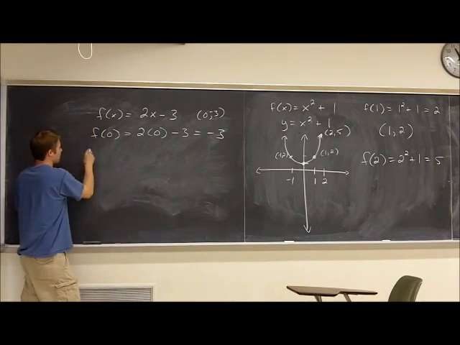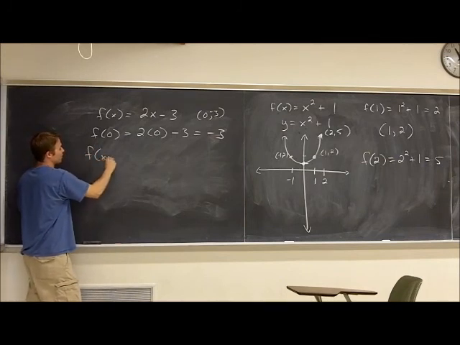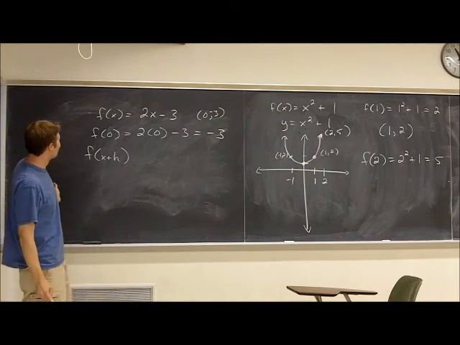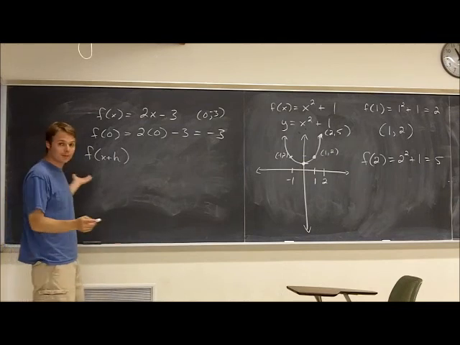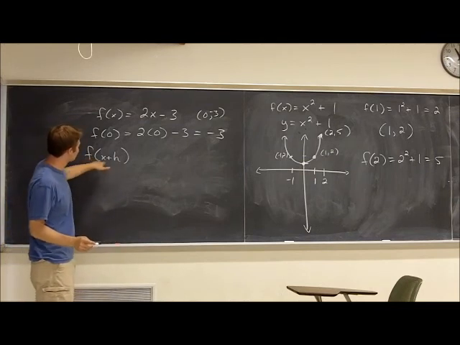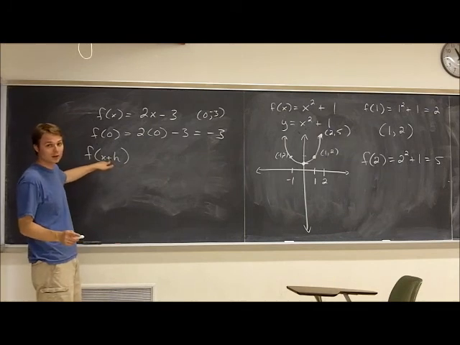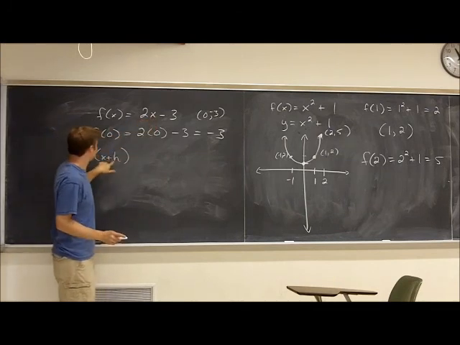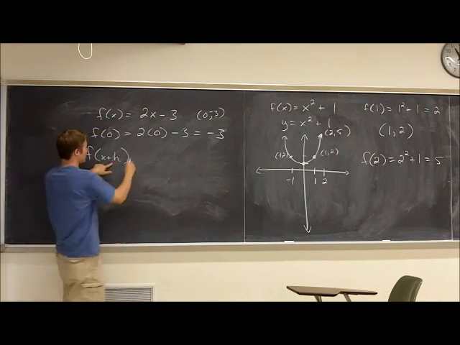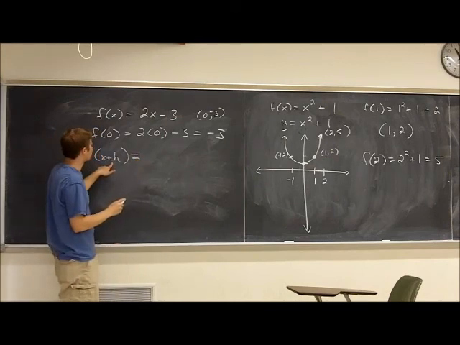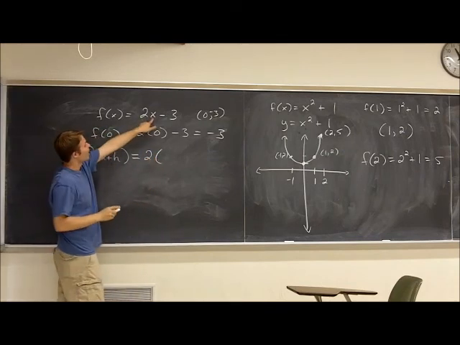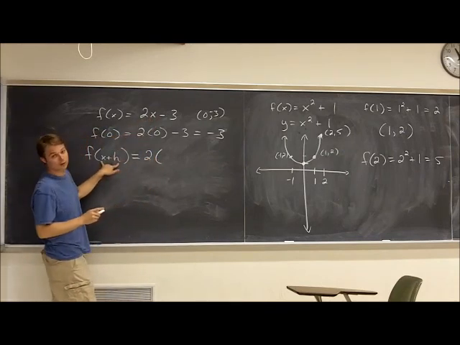For example, I could take the function of x plus h. Well, what does this mean? Well, it's not that complicated. It just means whatever is right here becomes the input value for your function. So you should replace the x with whatever is right here. So the function of x plus h, for example, will be 2 times, instead of x, we're going to replace x with whatever is in the parentheses.